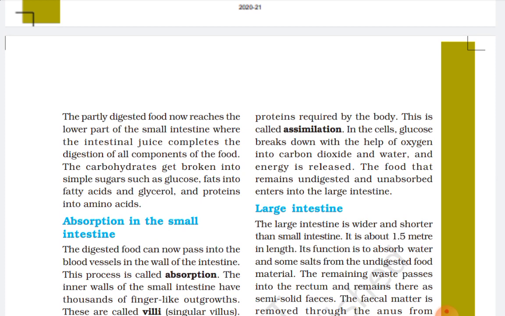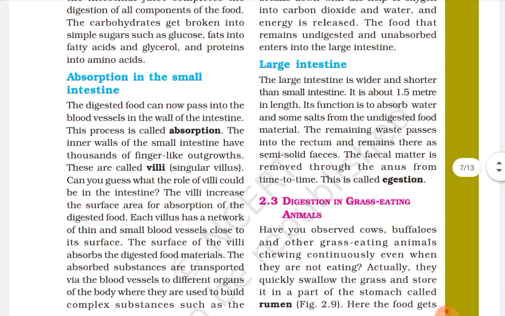The food that remains undigested and unabsorbed enters the large intestine. The large intestine is wider and shorter than the small intestine. It is about 1.5 meters.